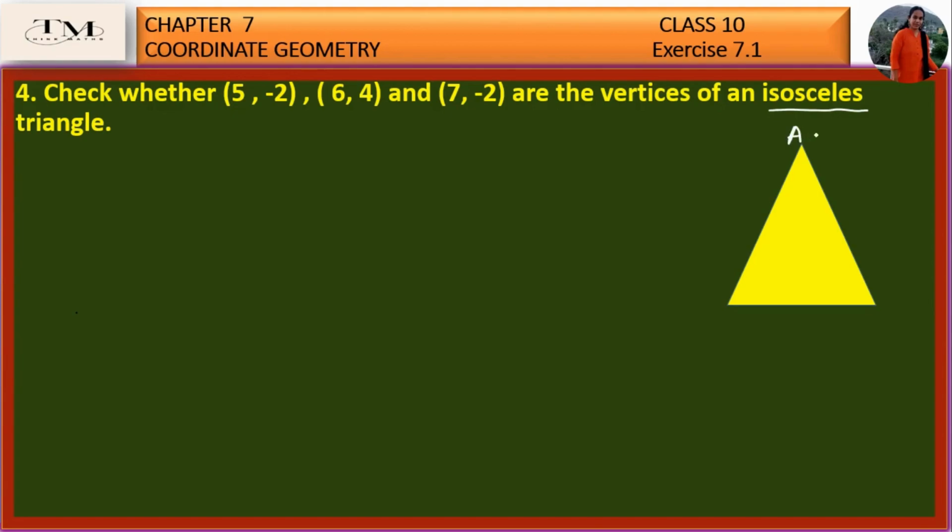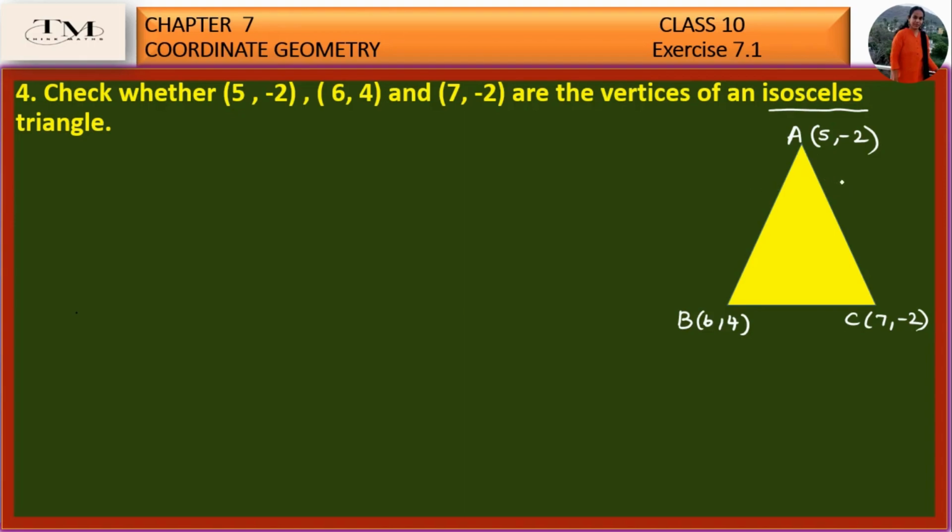Suppose there is a point A (5, minus 2) here and B (6, 4), C (7, minus 2). So what are the steps to find? We have to find out the distance between AB, BC, AC and check whether any two sides are equal.